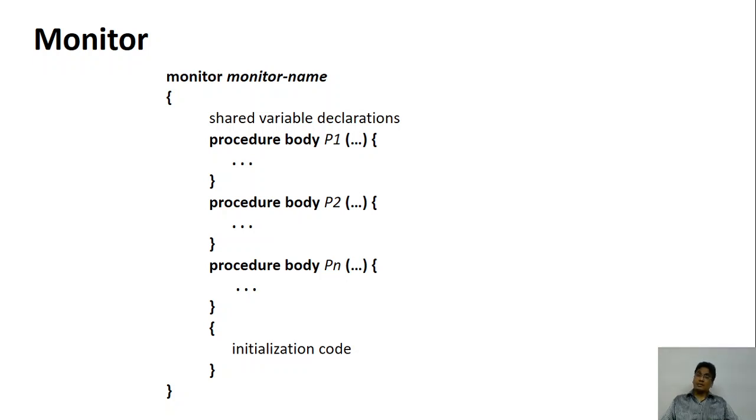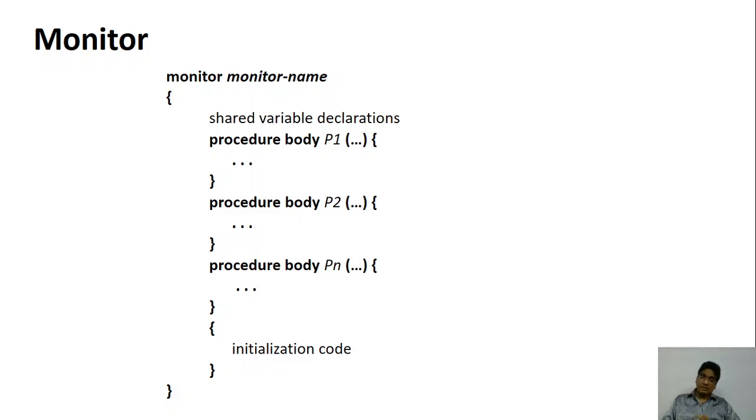When you create a class, you say class name. Here you say monitor name. Then you have the instance variables; here we have shared variable declarations. Then we have functions there; here we have procedures. In the class you have a constructor, but we have the initialization code.